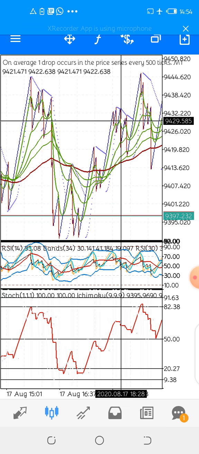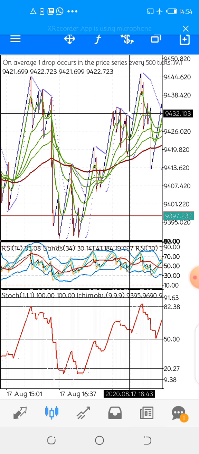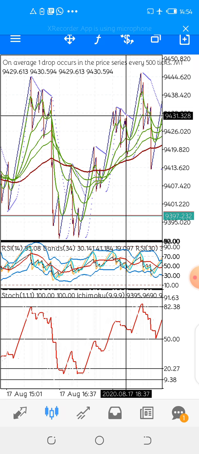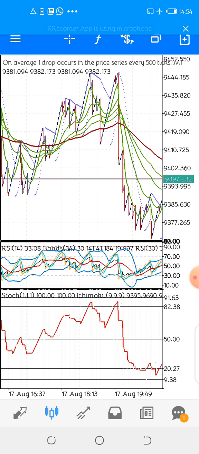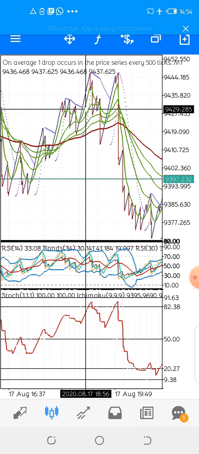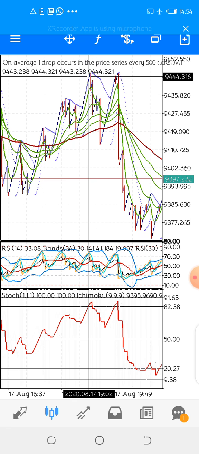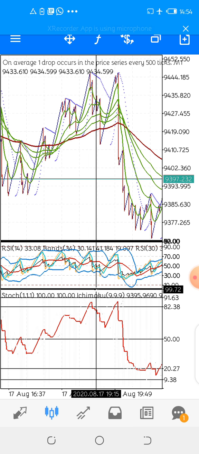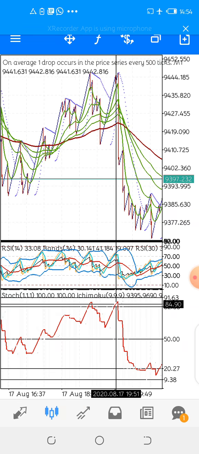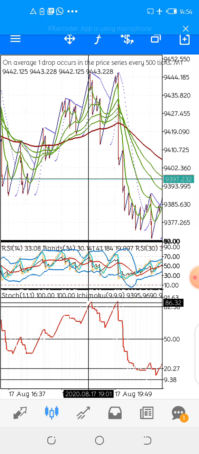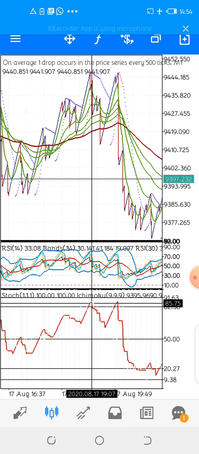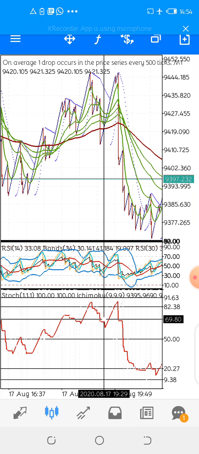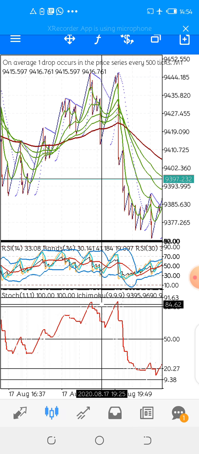Then this consolidation here, then going up. What it had given me again is that it's spiking on the same area. And when you check our Ichimoku at the bottom, it's crossed. So while it's on its way back from level 90 or 80, you can place your trade.